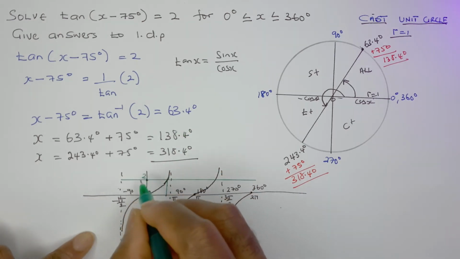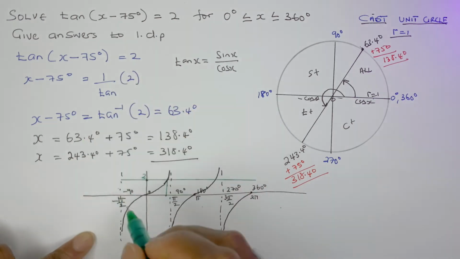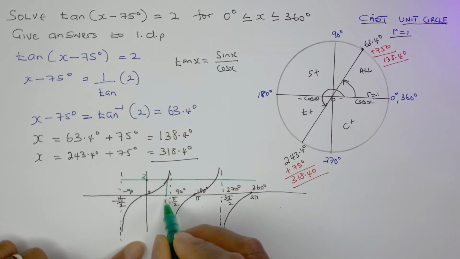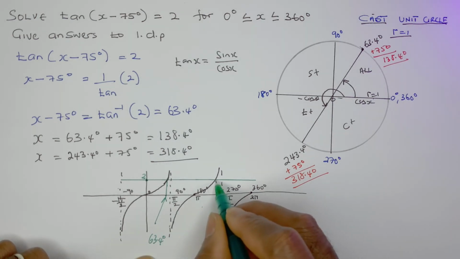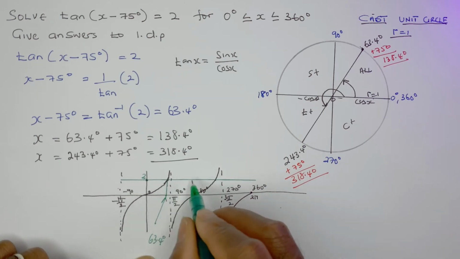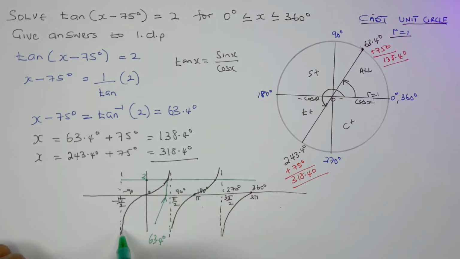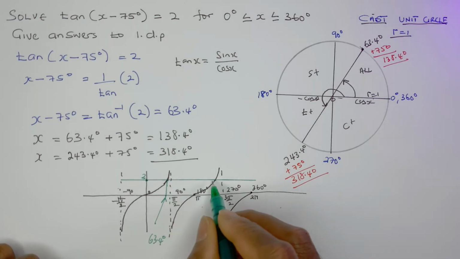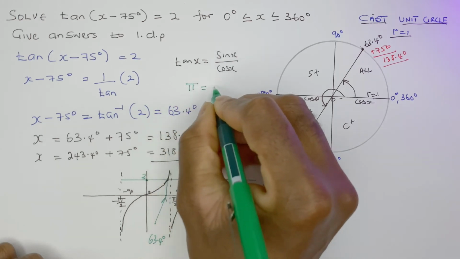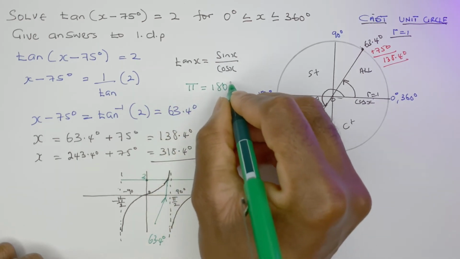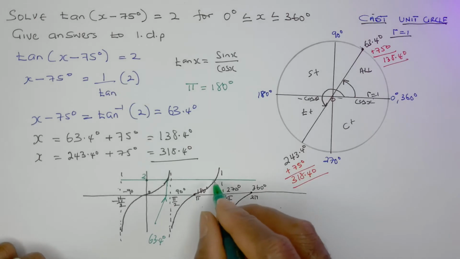So this is 2 here because it's positive 2. And here, you're adding another pi to 63.4, because each period is a pi. Pi equals 180 degrees, so you're adding 180 degrees.